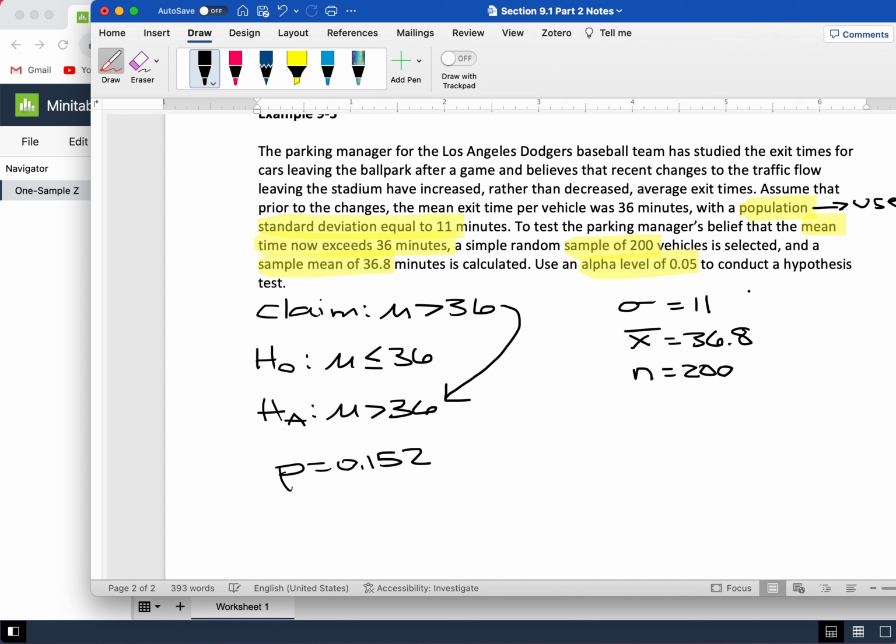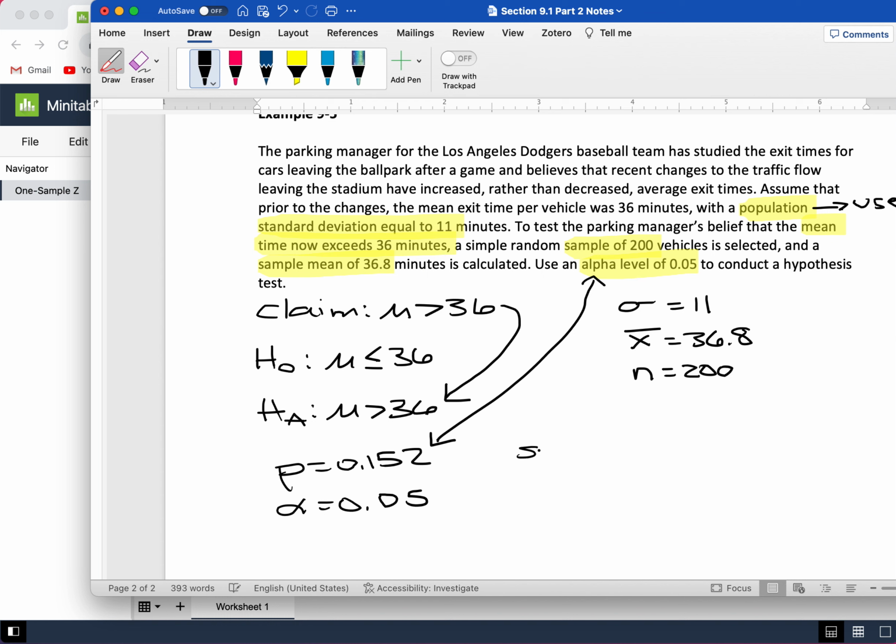So I'm comparing that p-value to the alpha level. So if my alpha is 0.05, which is greater, the p-value is greater. It's not less than alpha.